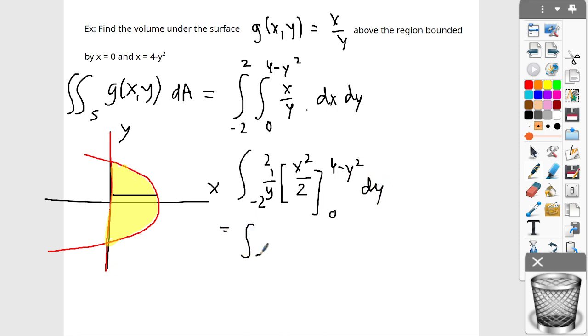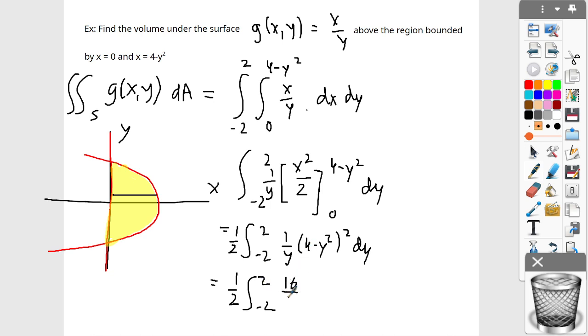Which is equal to the integral from negative 2 to 2 of, I'm going to put 1/2 outside now, because this x squared over 2 is annoying, so 1 over y times 4 minus y squared, squared, dy, which is equal to 1/2 times the integral from negative 2 to 2 of 16 over y minus 8y, I think, yes, and then plus y to the third power, dy.